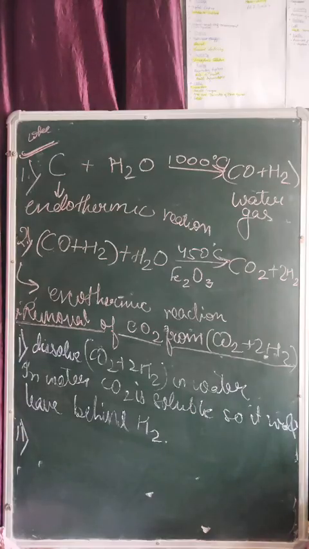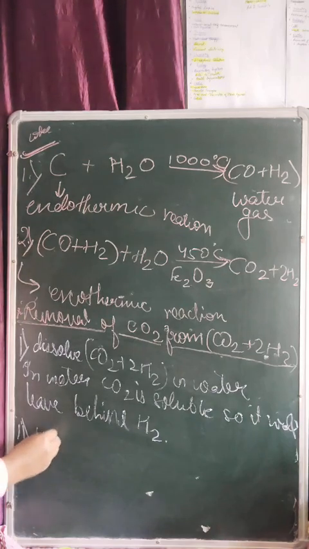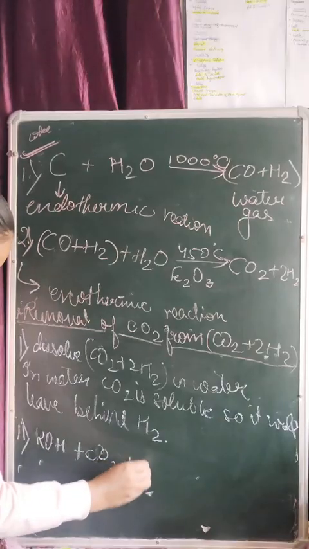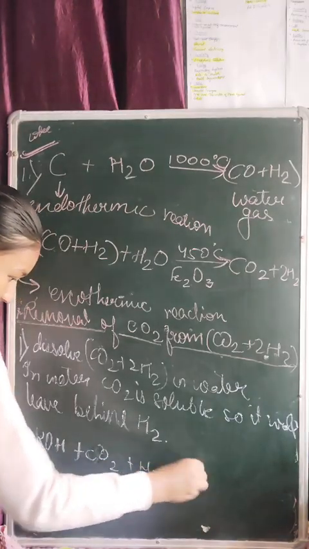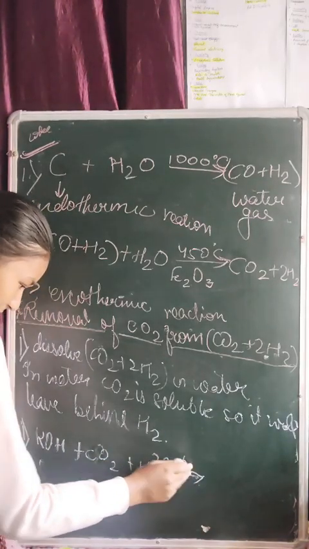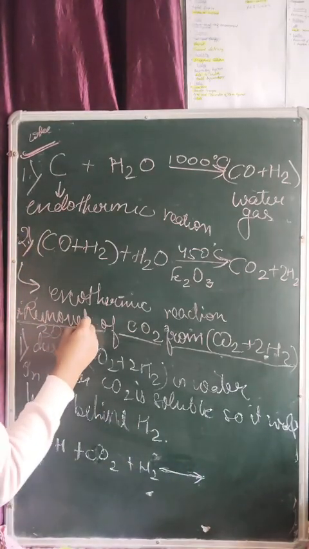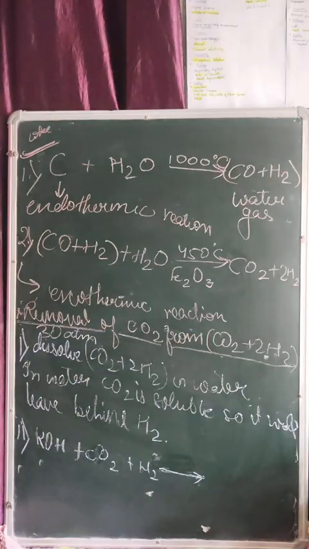Second step is that we will use caustic potash solution. We will take KOH plus CO2 plus H2 at 30 atm pressure.